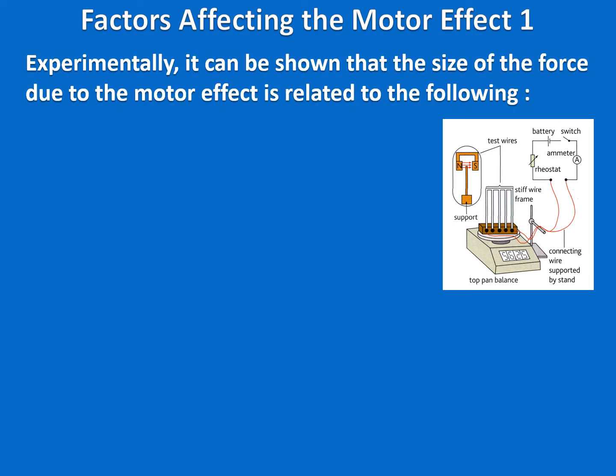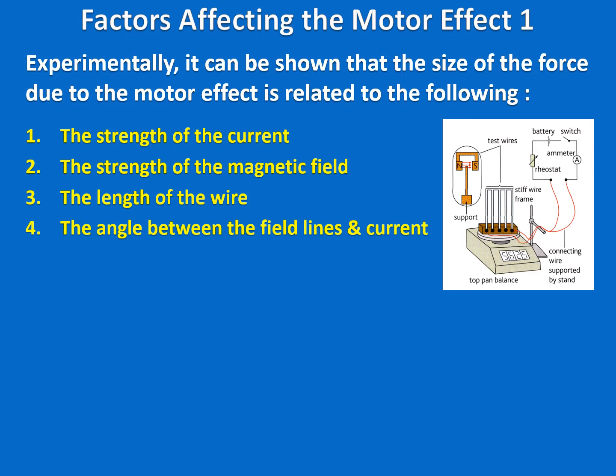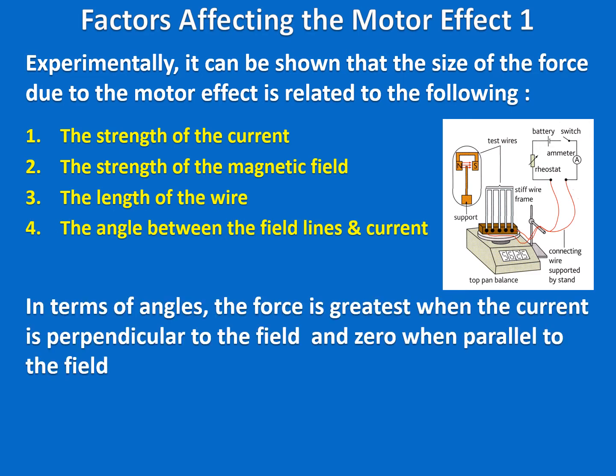But in terms of the theory around it, the size of the force is related to these factors: the strength of the current, strength of the magnetic field, the length of the wire, and the angle between the field lines and the current.